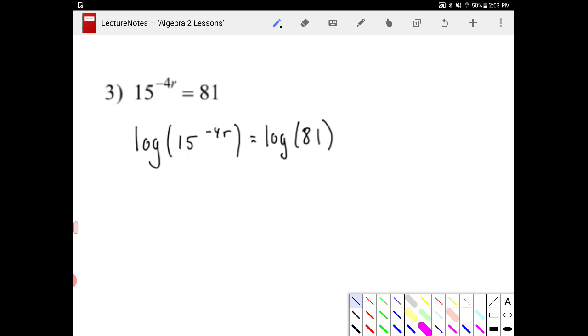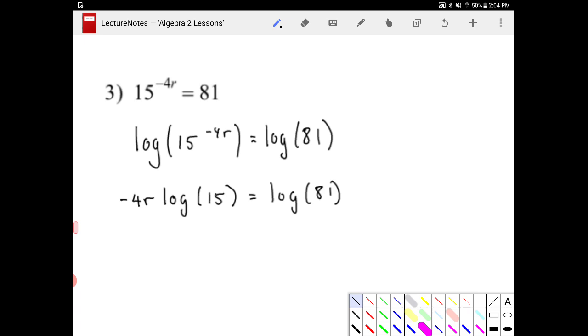So the exponent right now is negative 4r. If I apply the power rule, I'll end up with negative 4r log of 15 is equal to log of 81.